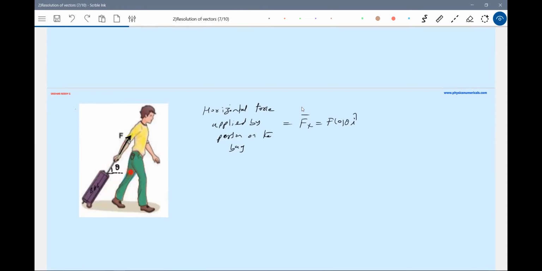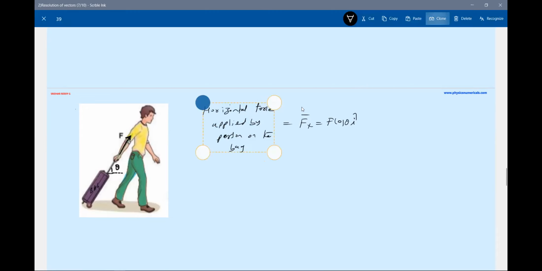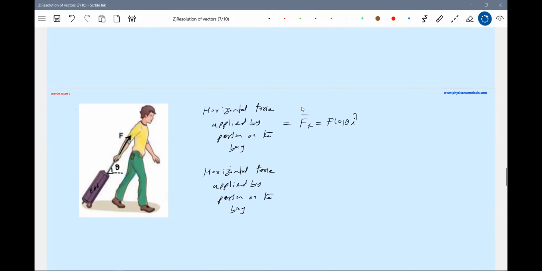This is the horizontal force applied. Now the vertical force: vertical means upward. A component of force will act upward also, F sin theta. The vertical force applied by the person on the bag should be equal to Fy.